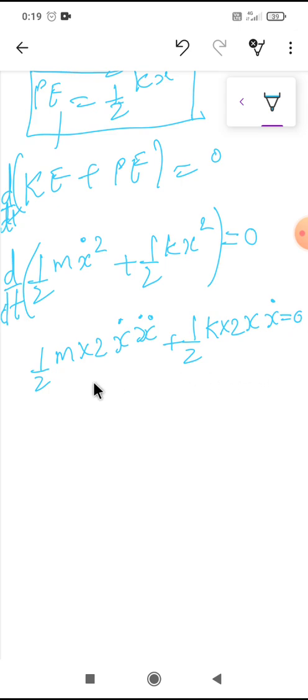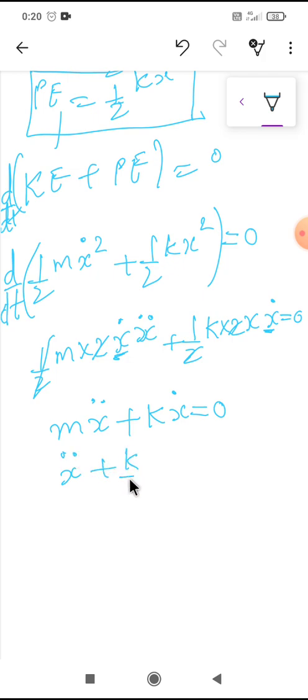If I take out the common terms, 1 by 2 and 2 get cancelled, and here also 1 by 2 and 2 get cancelled. Here x dot is common, so if I take it common on the other side, we are left with m x double dot plus k x is equal to 0.